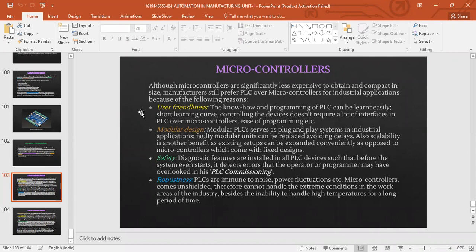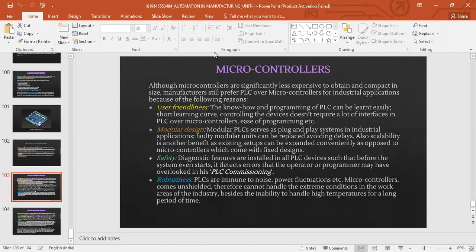When it is easy to operate and easy to learn how to operate the device. So the know-how and programming of PLC can be learned easily, all that ladder logic programs, etc. There is a lot of information from the manufacturers also, and it has been made easy. Short learning curve, you can learn it very easily, right?